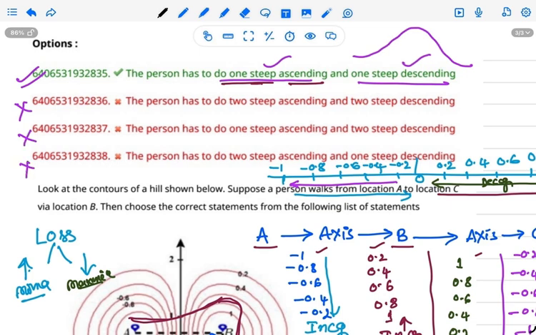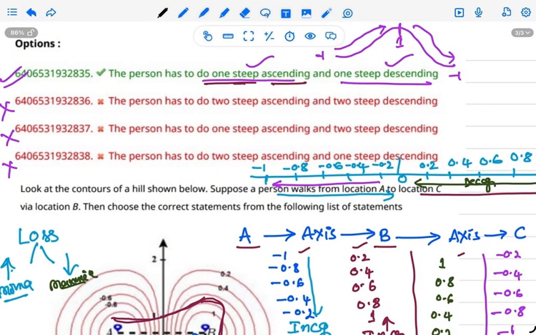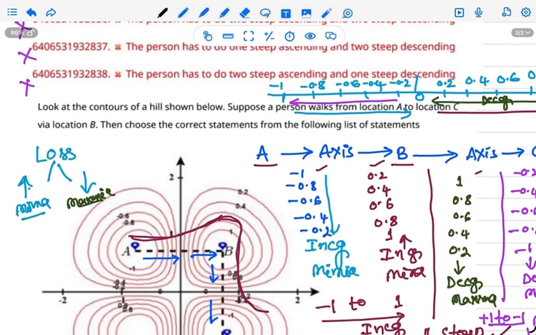All the others are wrong, because these are only continuously increasing from -1 to 1, one step ascending, and 1 to -1, one step descending. One step descending. So from this, in my perspective, I understood like this.